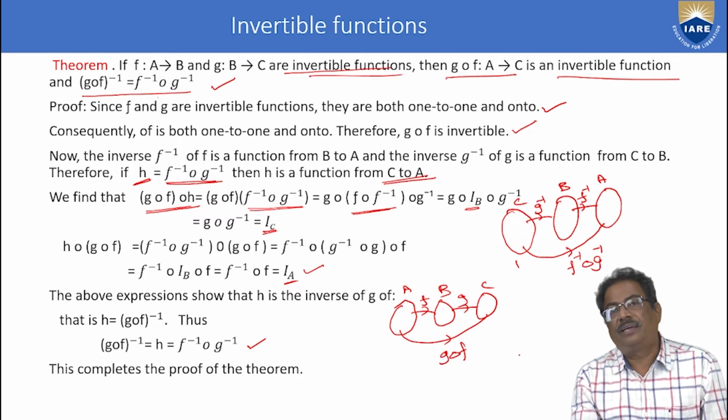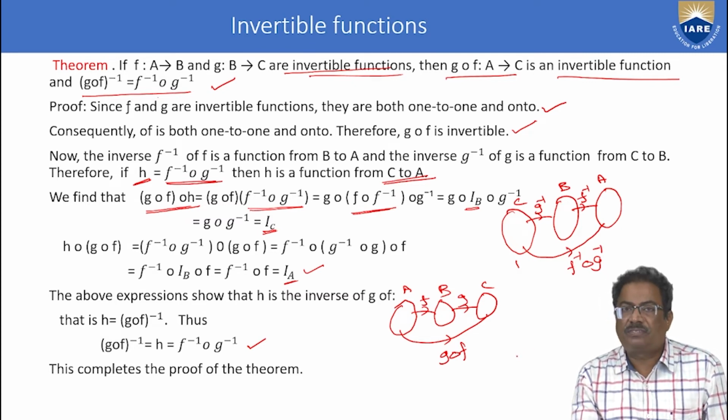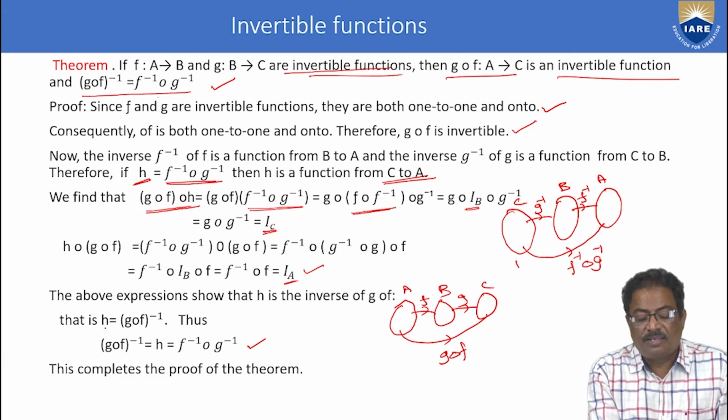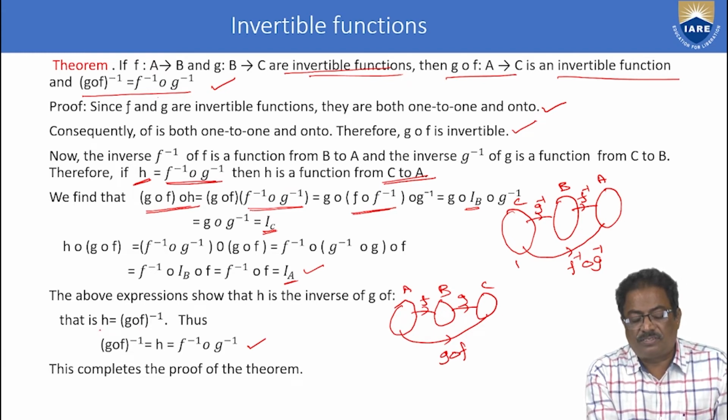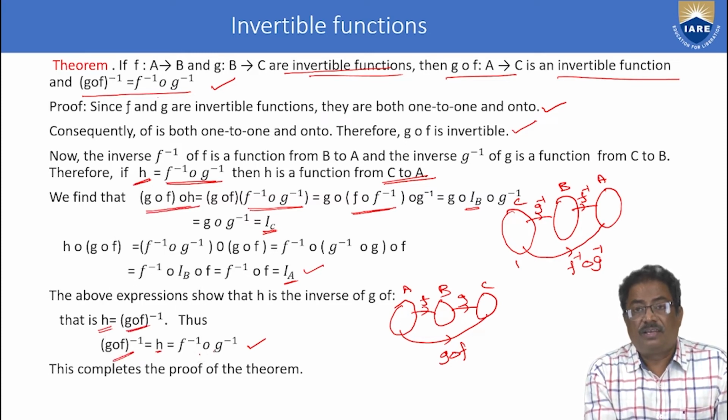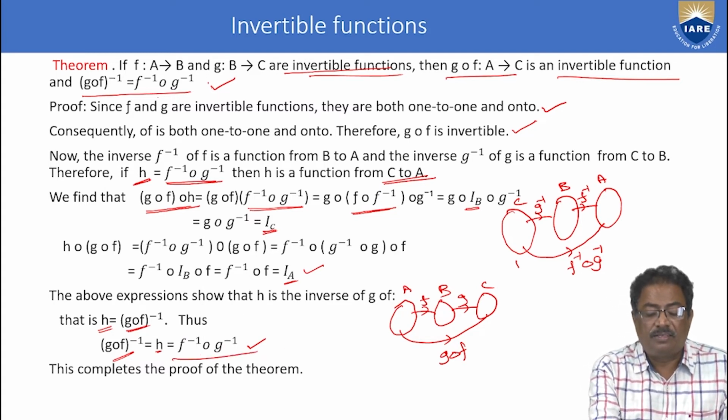So we can say that one is the inverse of the other. So g of f inverse is equal to h, and h is nothing but f inverse circle g inverse. So the theorem is proved.